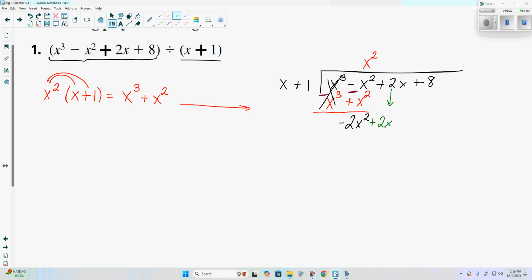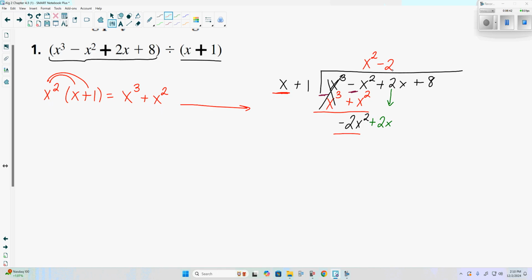Because our next step is to say what times x is now going to give us negative 2x squared. Well, the number in front of our x is what? 1. So what times 1 is negative 2? It would be negative 2.